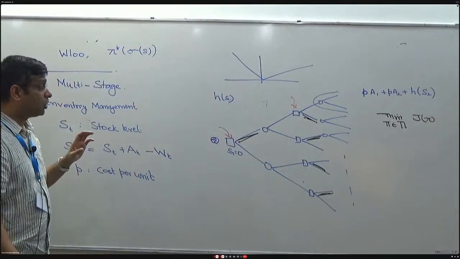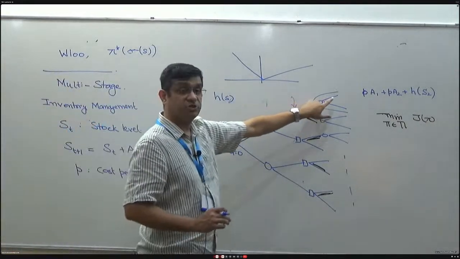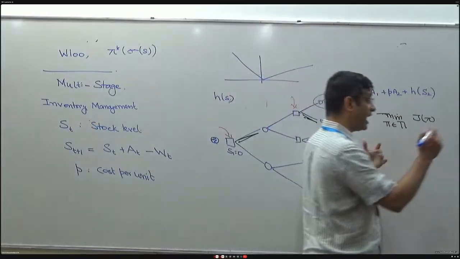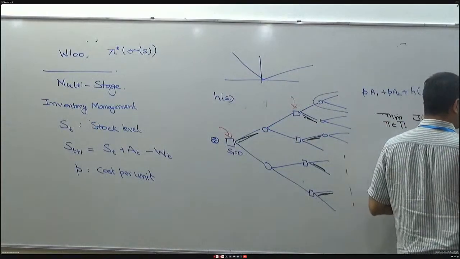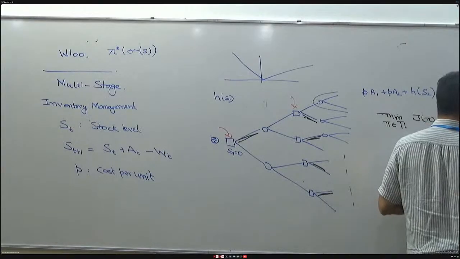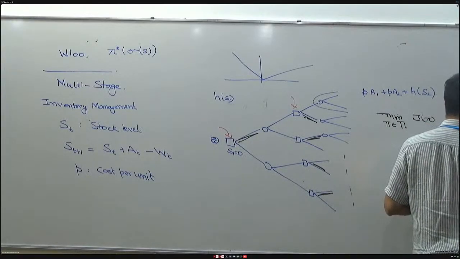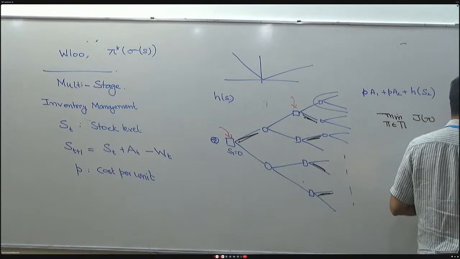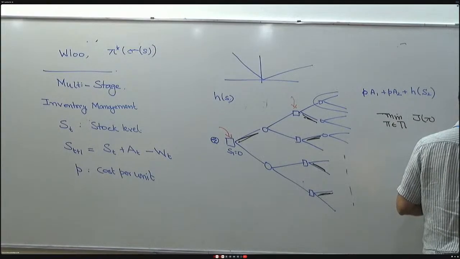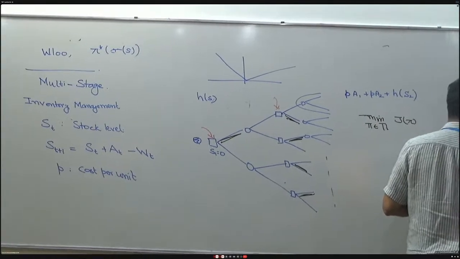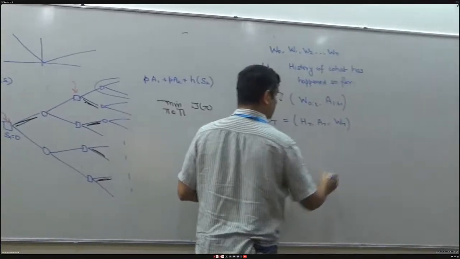So the final assumption that I'll make is that at the end of capital T steps, there is an outcome. This outcome in this case is going to be what was Ht, what action the decision maker took here, and what action nature took at the terminal time.